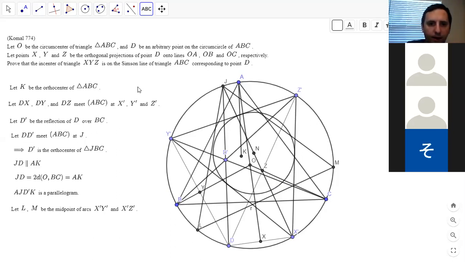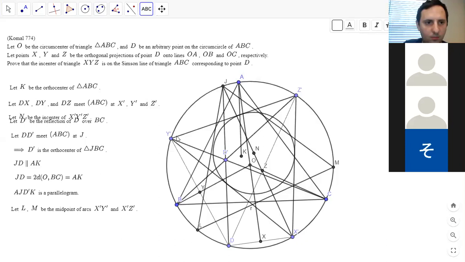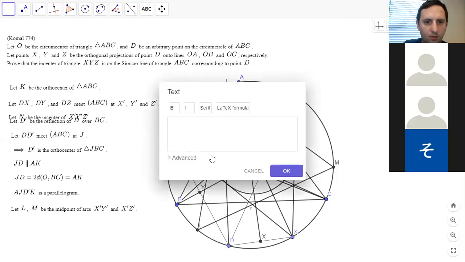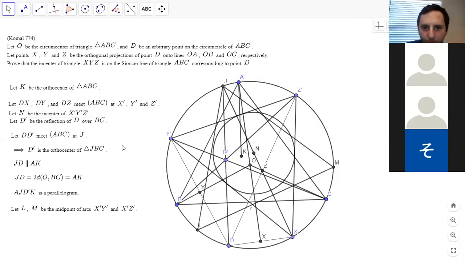So I'll say let N be the incenter of X prime, Y prime, Z prime. So we want to show that N is actually the orthocenter of JLM.